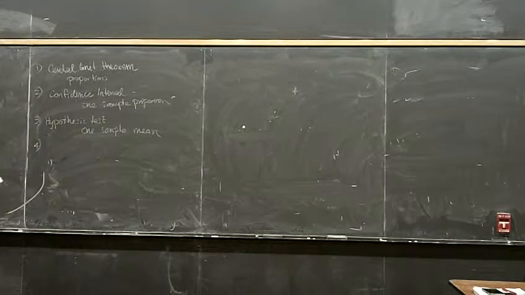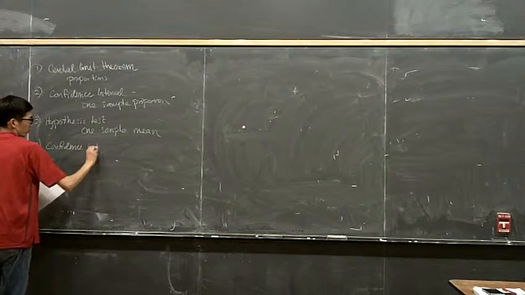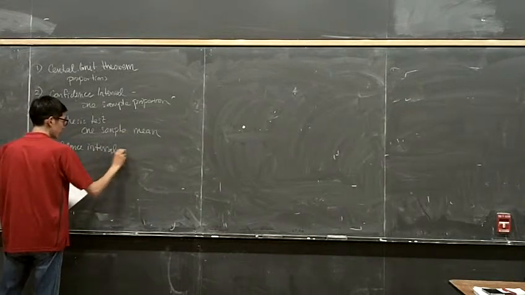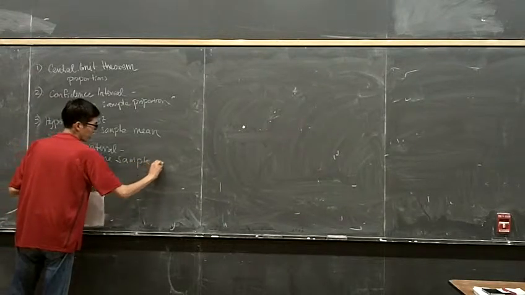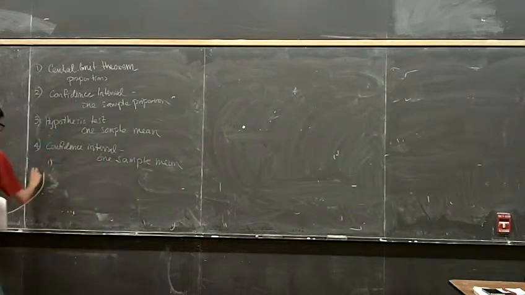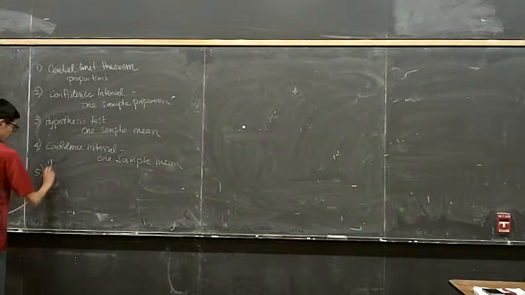The fourth one was a confidence interval for one sample mean. And the last one was a hypothesis test for 2 sample proportions.